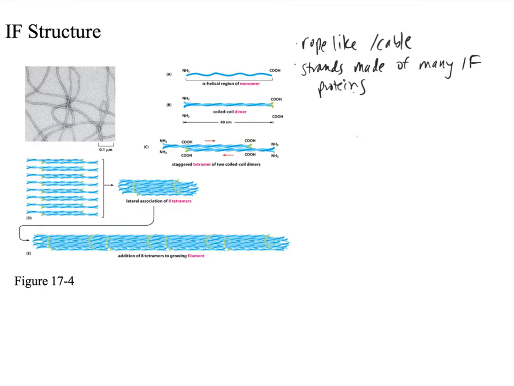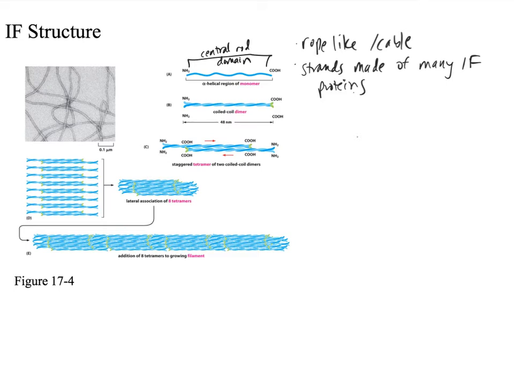They're put together in a very specific order, including the central rod domain, which is approximately here, for a single protein subunit of the intermediate filaments.